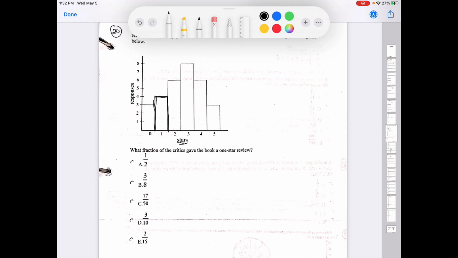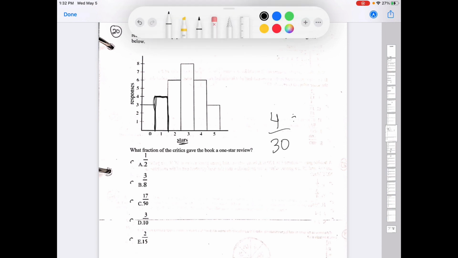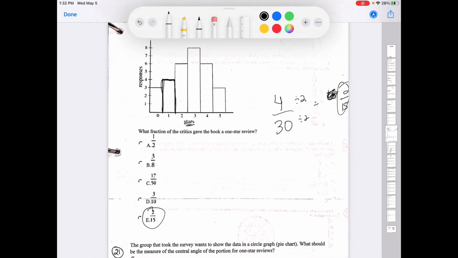So 4 people out of how many people? 30. And this is divide by 2, 2 over 15.